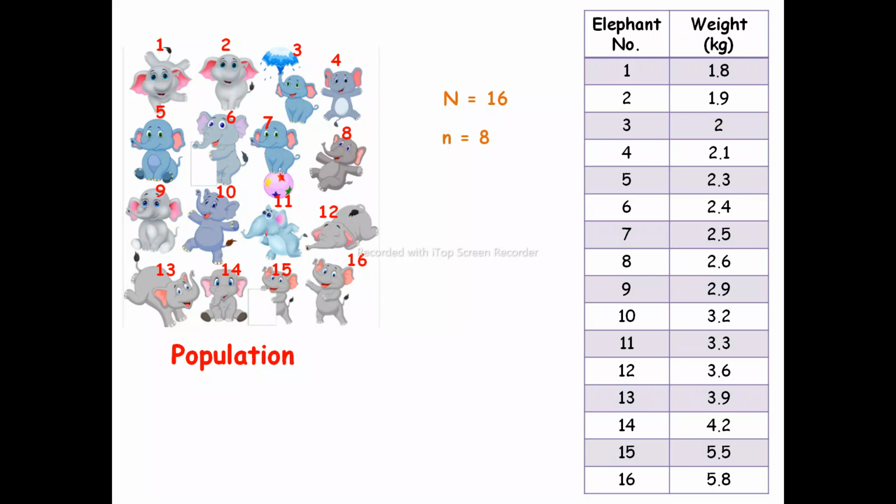The second important thing is that in systematic sampling, we are using an equation, that is k equals capital N divided by small n. Now you know very well about capital N and small n, isn't it? Capital N means population and small n means sample. Now what does k mean?